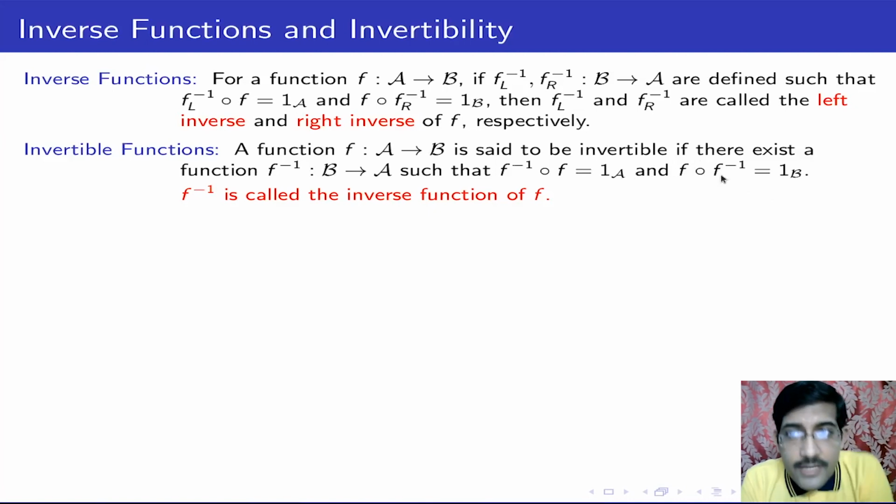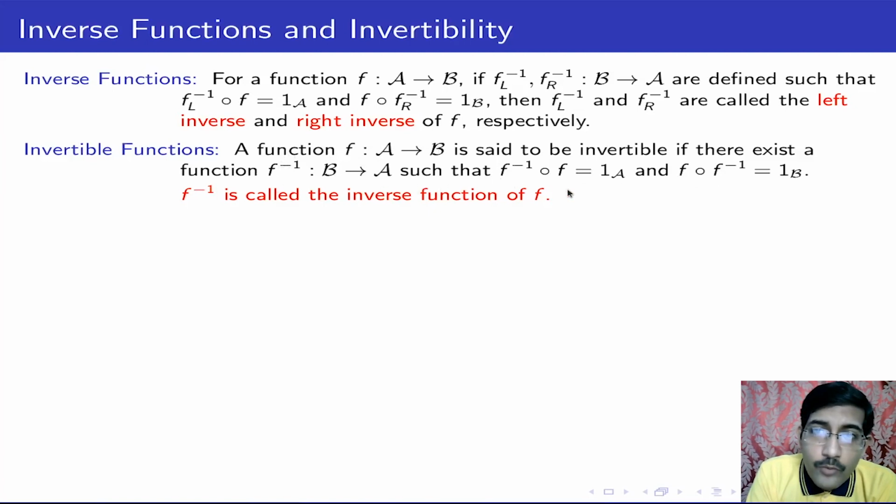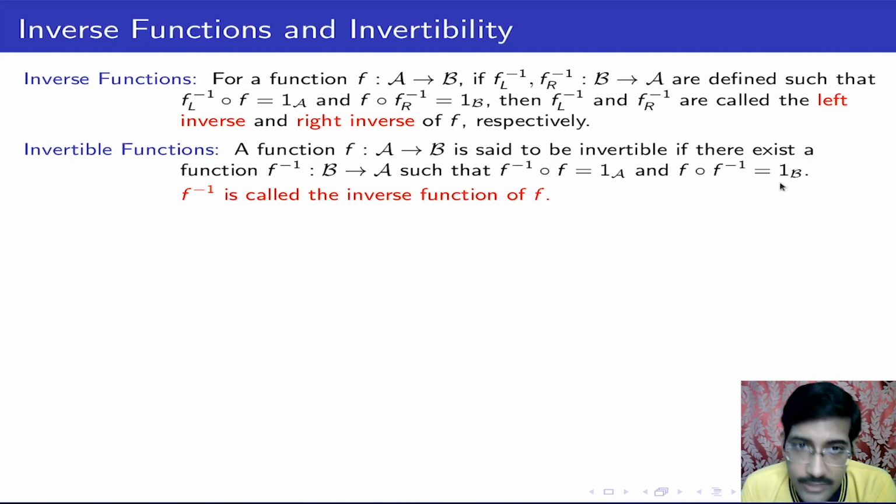As the definition says, the inverse operated with f will produce the identity, as per the inverse function's behavior. But the only thing that I have not proven yet is that the inverse should be unique. So a function is invertible if I reverse the map and get a function whose two-sided inverse produces the corresponding identities. And we call that function f inverse the inverse function.